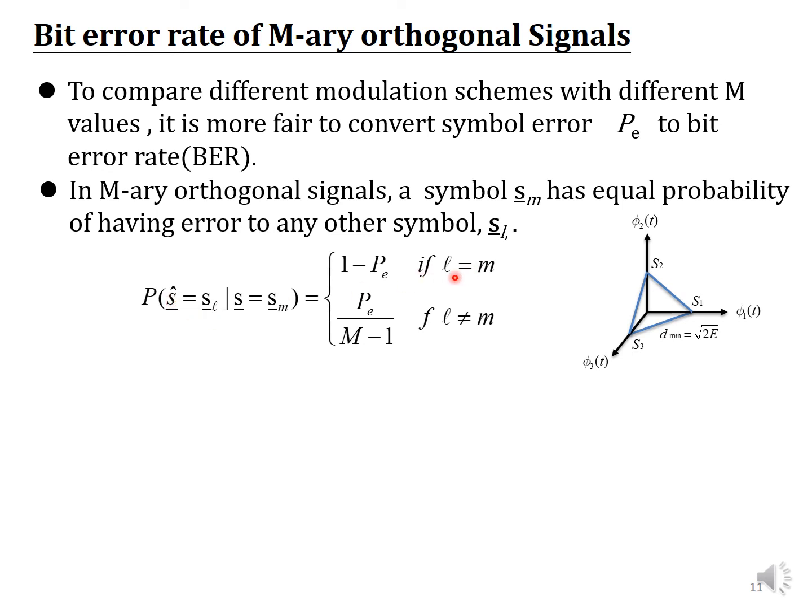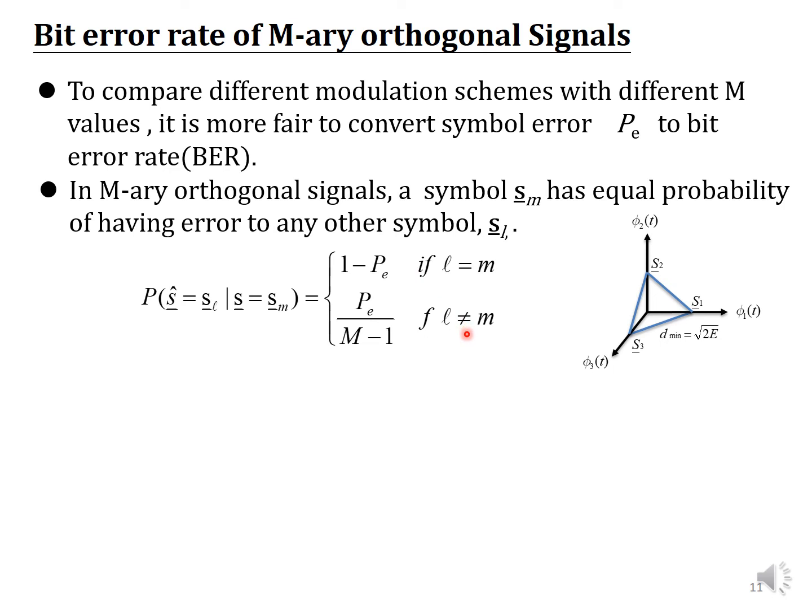If L equals M, that means we have a correct detection. Then the correct detection probability is 1 minus the error probability PE. PE is what we just have for the M-ary orthogonal signal, that ugly integral.